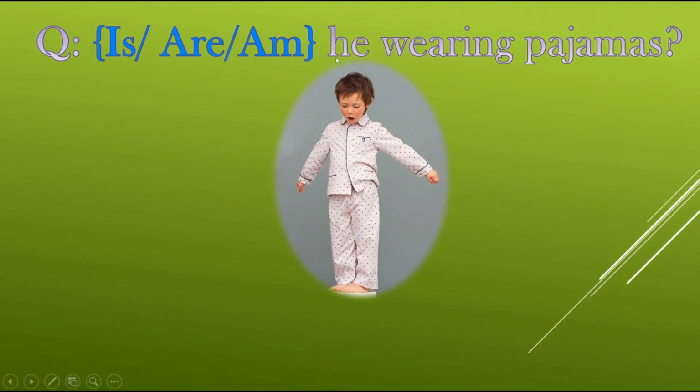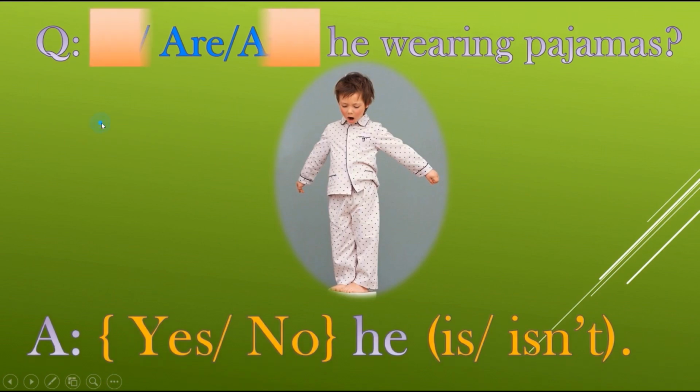So the subject here is he. So for he, the question word should be is. Why? Because the subject is he. So here, is he wearing pajamas? So you look at the picture, what would be the answer? Yes or no?